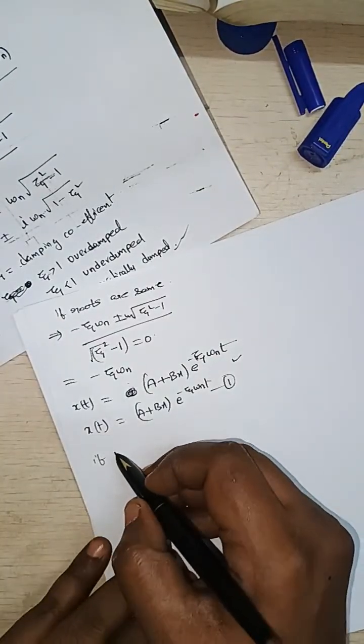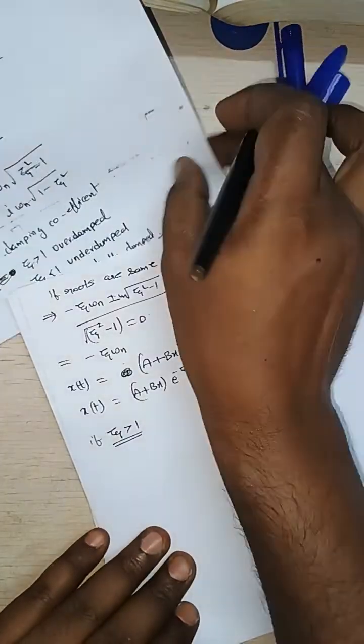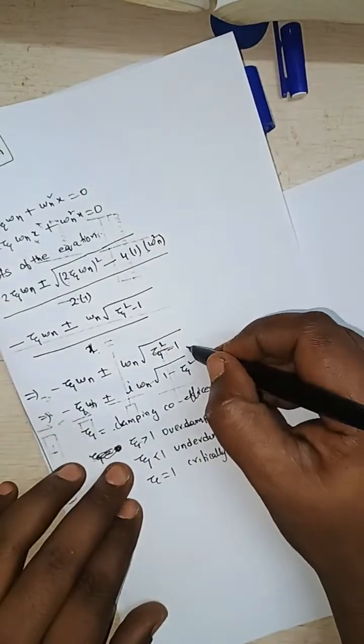If zeta is greater than 1, then we will use this condition as it is.